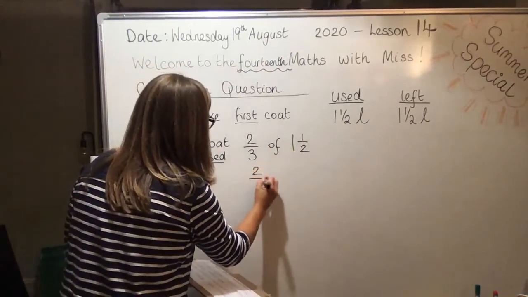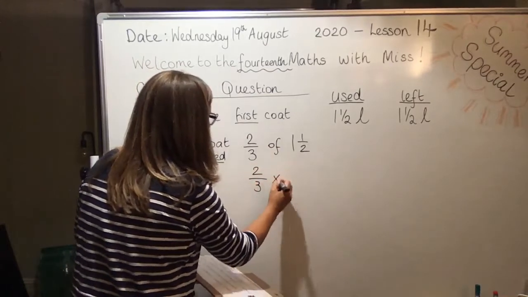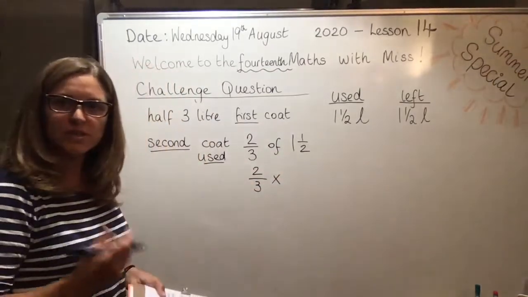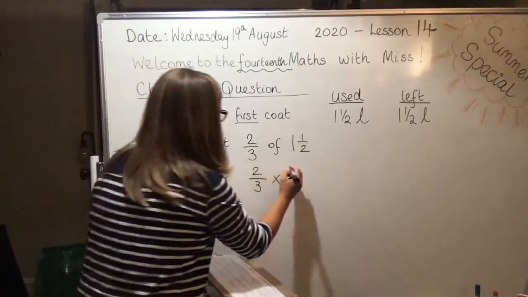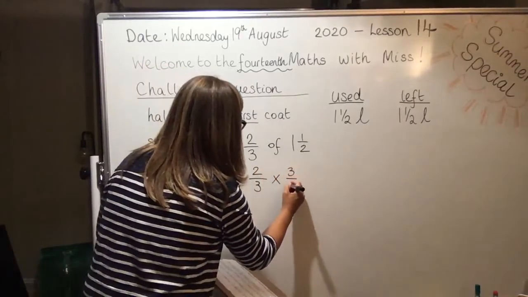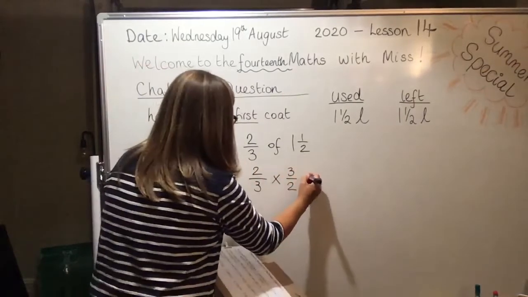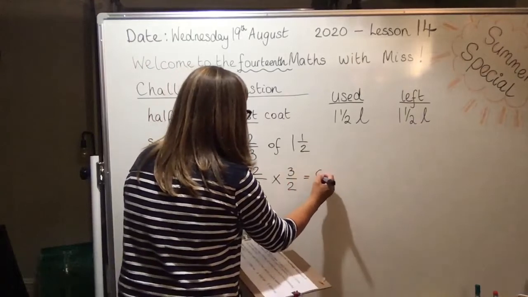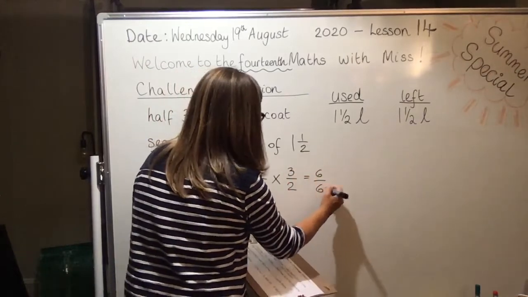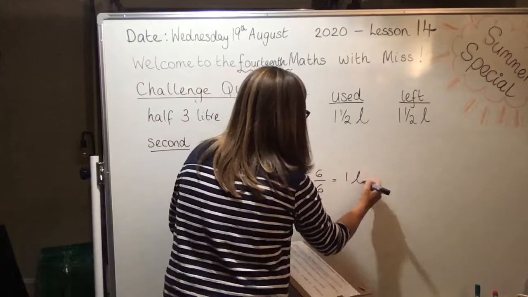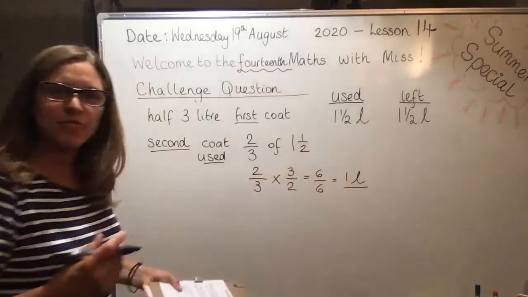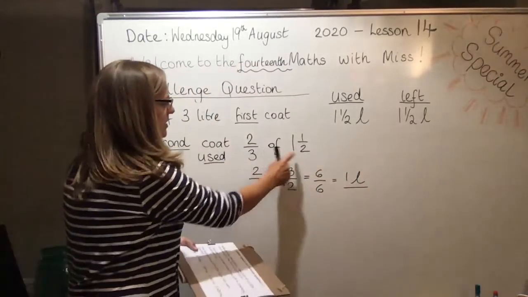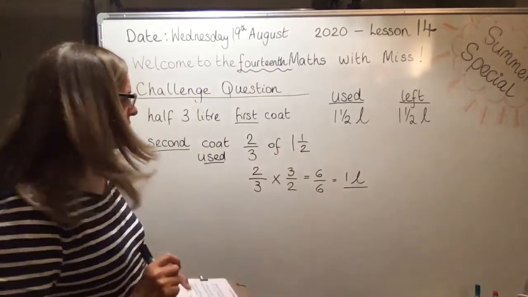I can write that as a multiplication. I can write 1.5 as an improper fraction, 3/2. And that is going to give me 6/6, which is 1 litre. Now, some of you might just be able to look at 2/3 of 1.5 and see it.